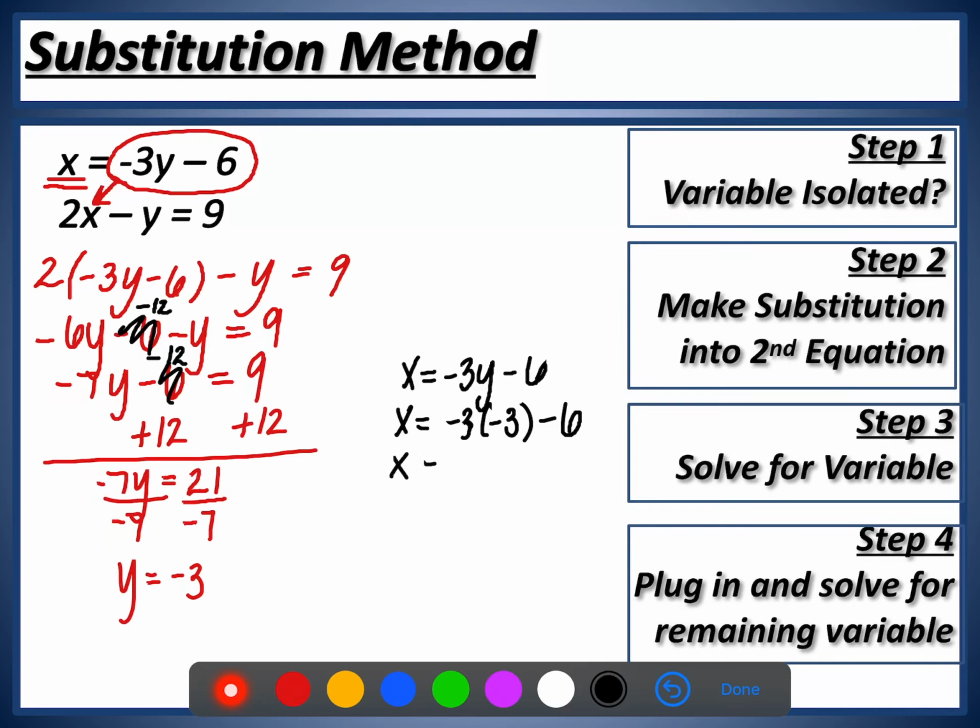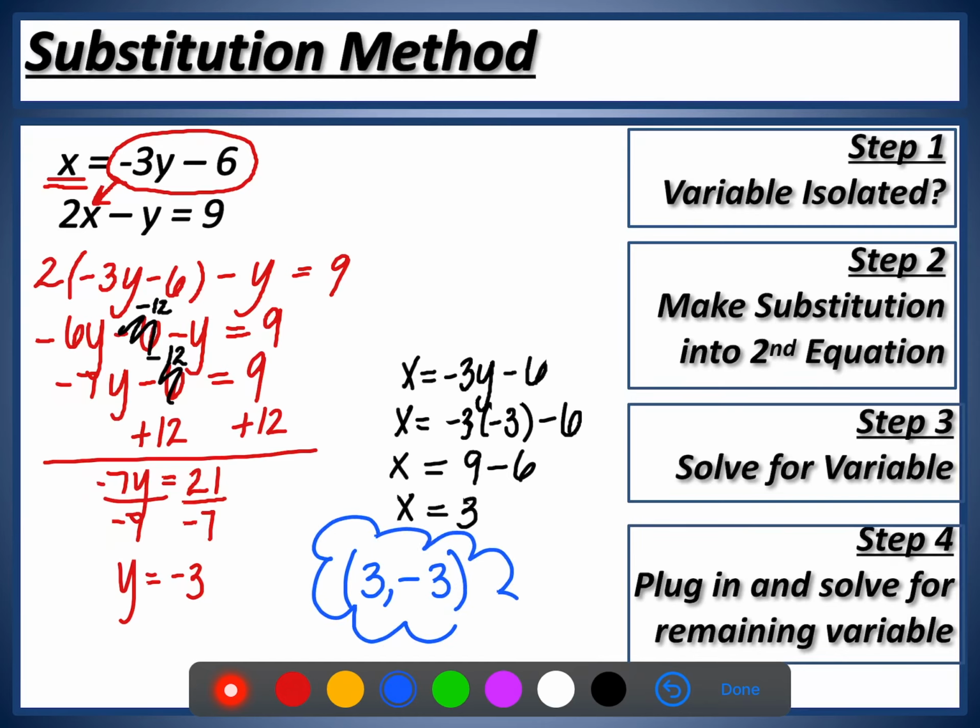So we could just evaluate. Now I will mention you can use either equation and you will still get the same answer, but you want to pick the one that's easier for you. So our final answer is the ordered pair of both variables.